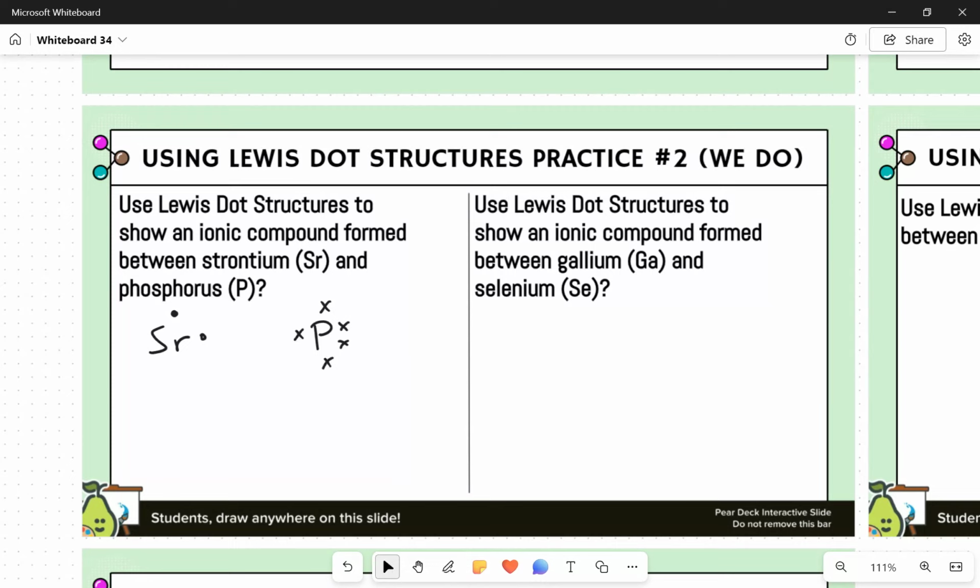Okay, so if we do the crisscross method, what we're going to end up with is Sr3P2. So I need more strontiums.